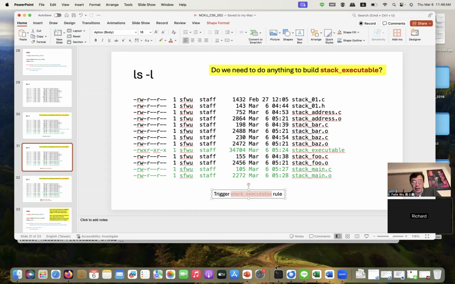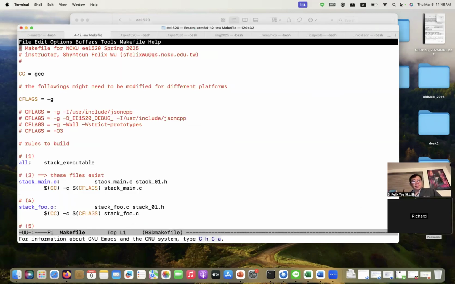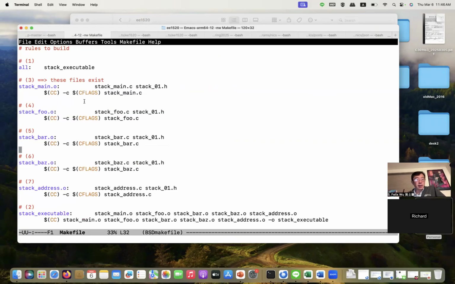Which means that, let me bring back the window. So in this case, it will not trigger this rule, stackman.o, meaning it will not execute this line, but instead it will still trigger this one, because the timestamp of stackman.o is newer than the target timestamp, which is the stack executable itself.